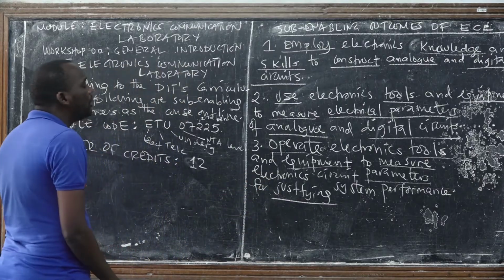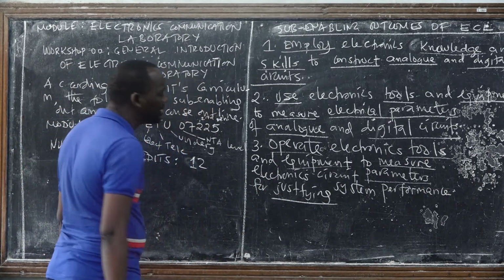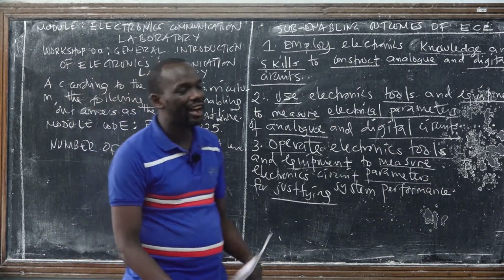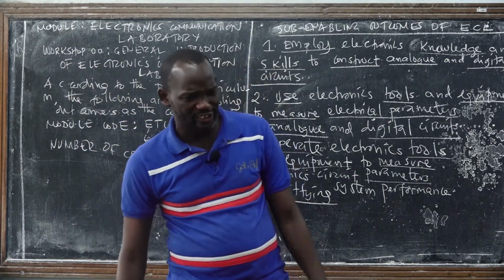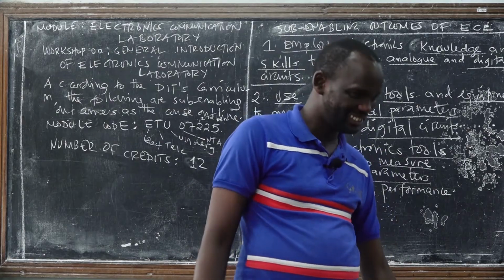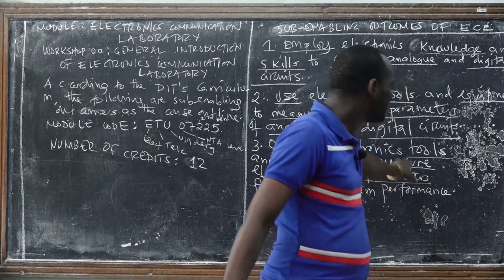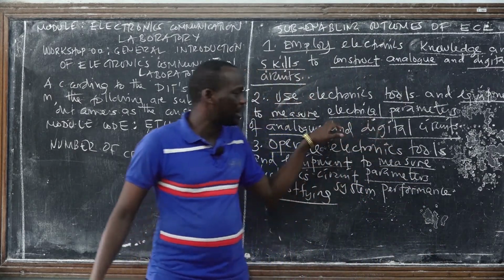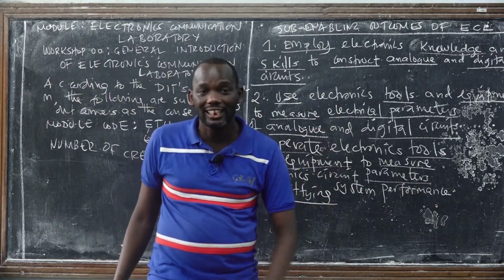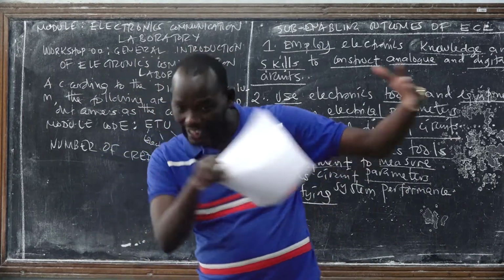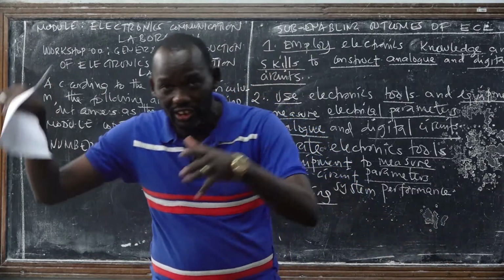So you have to be able to operate electronic tools and equipment. The good thing is that this semester you have a module called electronics measurements. The knowledge you get there, you come and use it here.